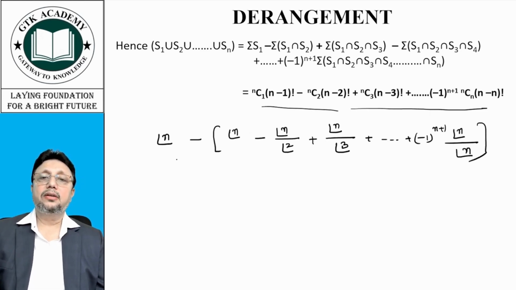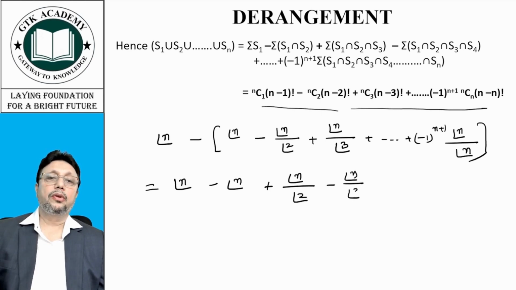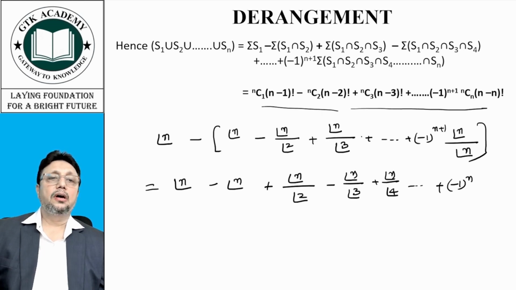Now when you subtract, this will be factorial n minus factorial n, this will get cancelled, plus factorial n upon factorial 2 minus factorial n upon factorial 3 plus factorial n upon factorial 4 and so on, and this minus 1 raised to the power n plus 1, now you can write it as minus 1 raised to the power n, because when again 1 minus will be multiplied, so it will be n plus 2 and you can remove that 2, factorial n upon factorial n.